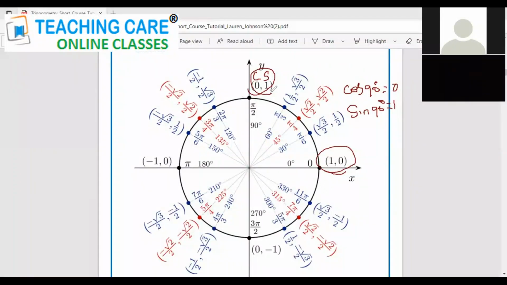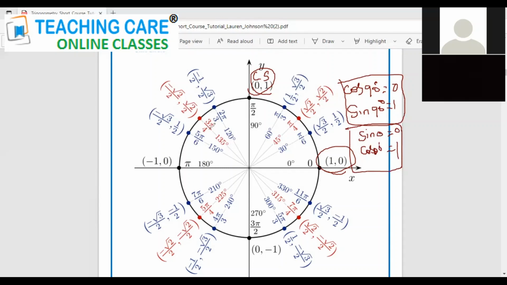In many places in your calculus, you will get this. Sine 0 is 0, cosine of 0 is 1. And the opposite way for 90 degrees, you have to remember.